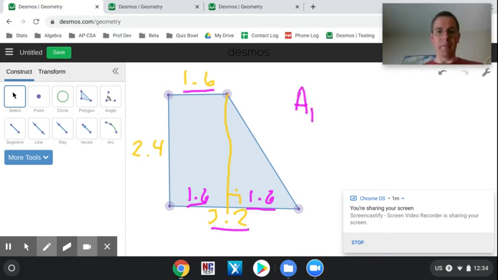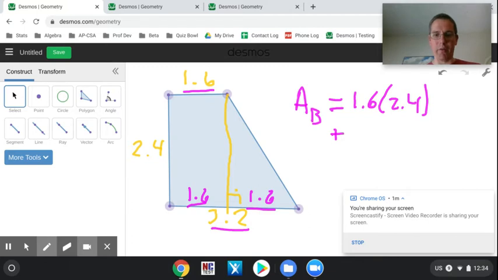So my area of the base is going to be 1.6 times 2.4. That gives me the rectangle part, and then I'm going to need to add on the triangle part. The triangle part is 1.6 times 2.4, but since it's a triangle, it's also going to need a 1/2.